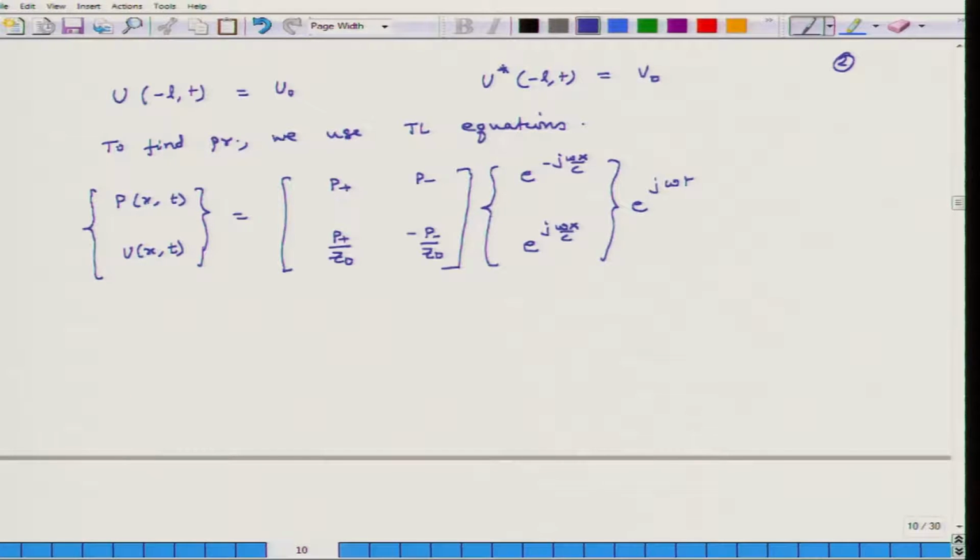So, we have to find P plus and P minus in this case. If we can find P plus and P minus, then we can find the pressure.